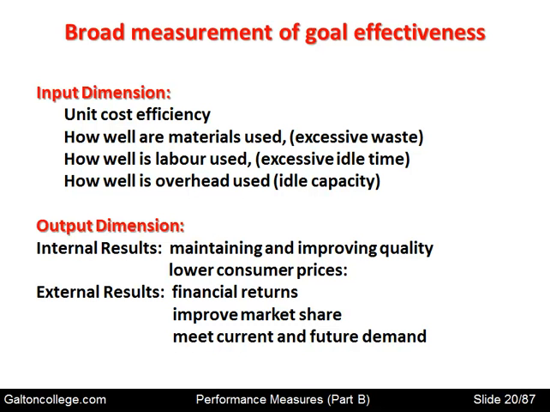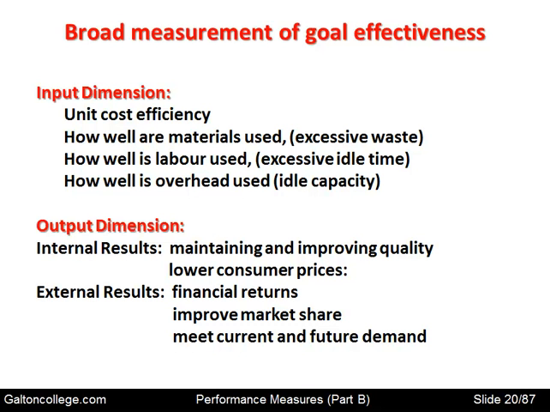Look at its research and development and its innovation and what it can bring to bear in the future in terms of meeting future customer demand, because customers are becoming more sophisticated and they want more for their money and they want more sophisticated products. So it's important to have an ongoing process of innovation and change within the business.